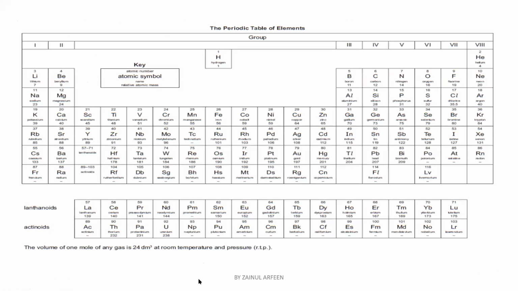Example, you have the element beryllium. When you check the periodic table, which group is beryllium present in? What is the group number for beryllium? It is in group 2. Here we directly look at the periodic table and identify that beryllium is in group 2. But there is also another way to work out the group of the element, and that is by the structure. After drawing the structure, we can also work out the group of the element.